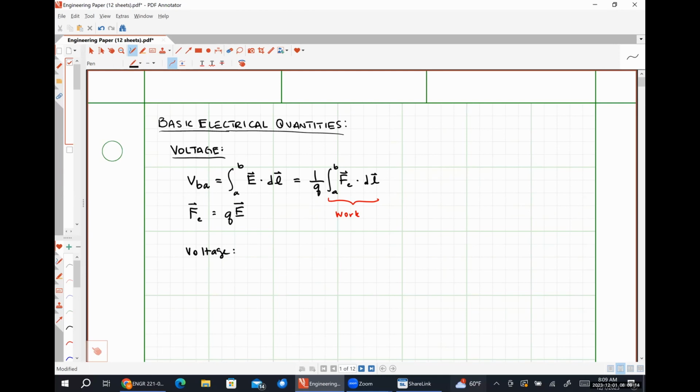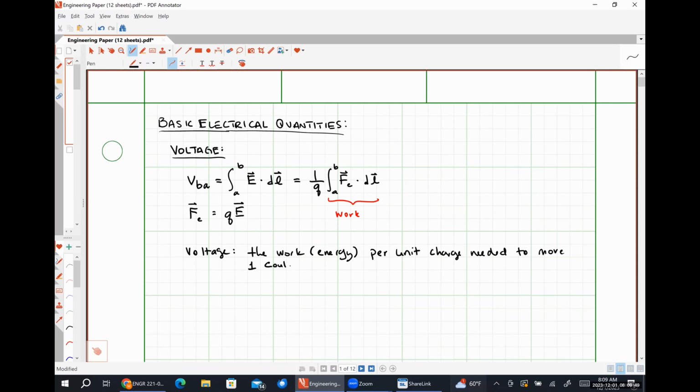So from this, we can see that one of our definitions for voltage will be the work or energy per unit charge, because we have that factor of 1 over Q out in front, needed to move 1 coulomb of charge.